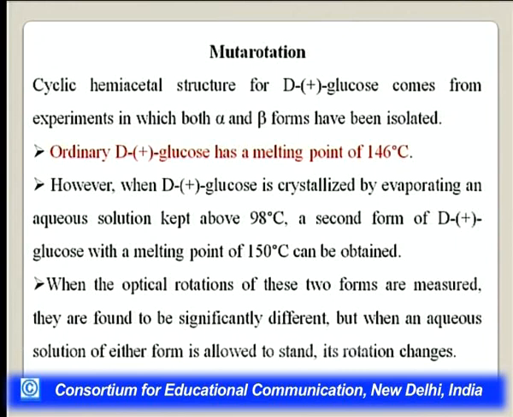We have discussed in detail the difference between relative configuration and absolute configuration. As far as relative configuration, that is capital D and capital L, is concerned, the full form of capital D is dextro, and the full form of capital L is levo. As far as absolute configuration is concerned, that is small d and small l, small d means dextro and small l means levo.